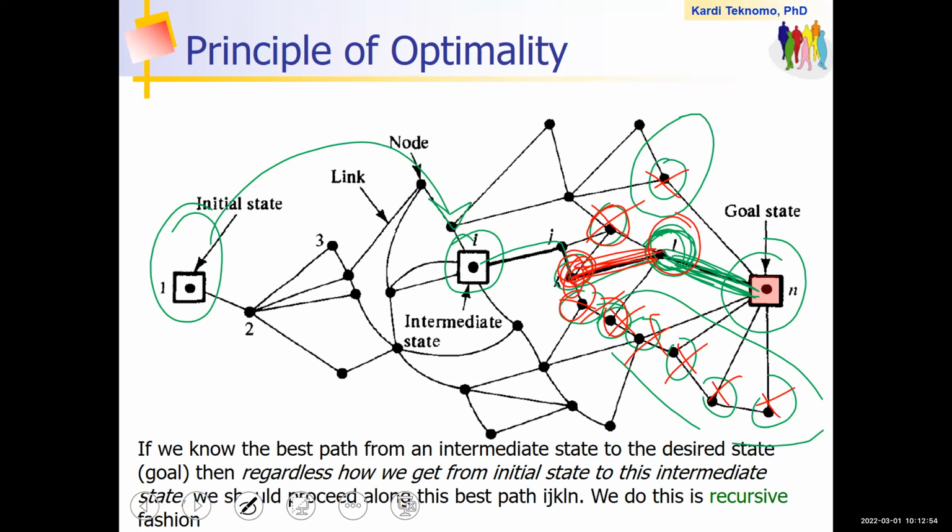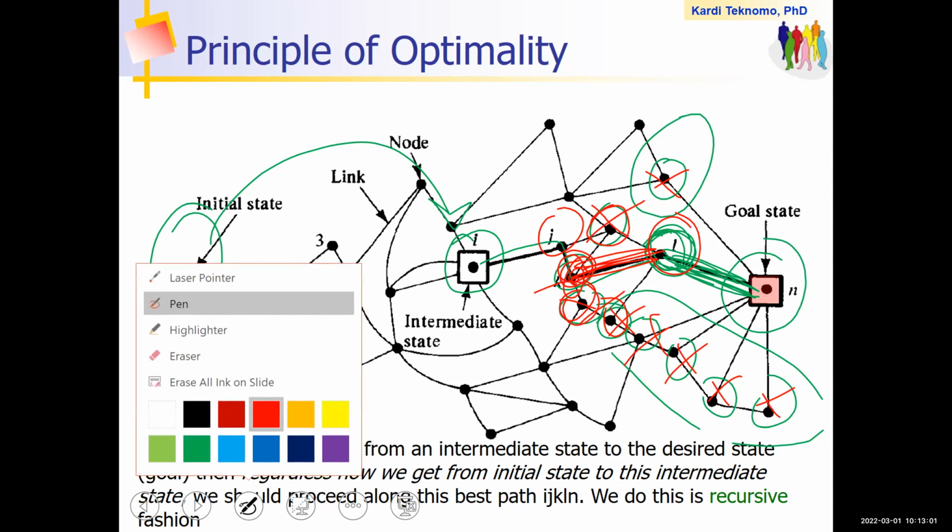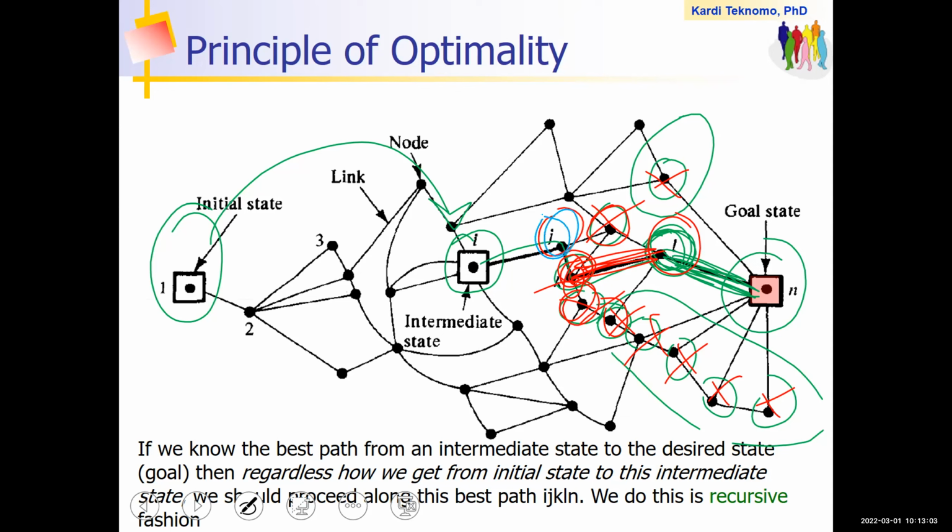You go back. What is the node before that? So for example, this is the one. This is the one. Right? Okay, let's call it blue here. Yeah. So then you will check which one is the most optimal and so on. So basically, principle of optimality is you start from the goal state, and then you go back up to the initial state.